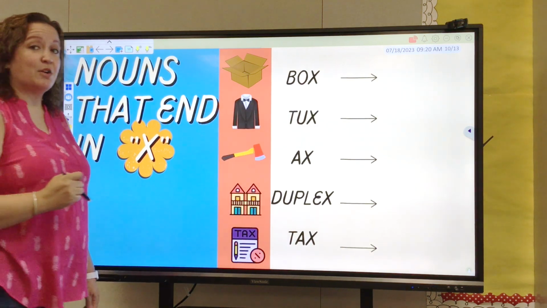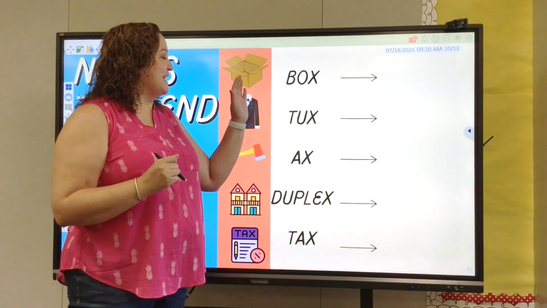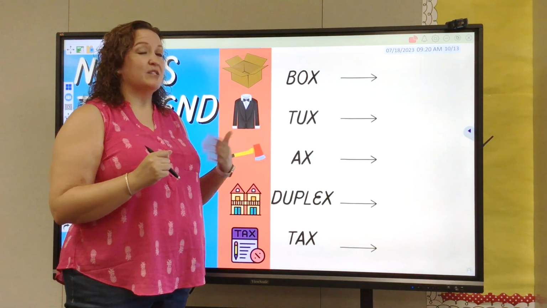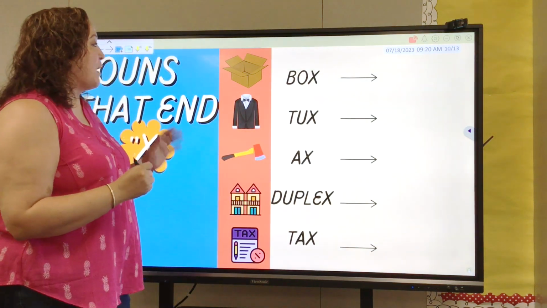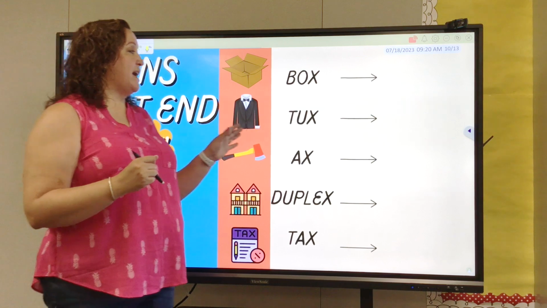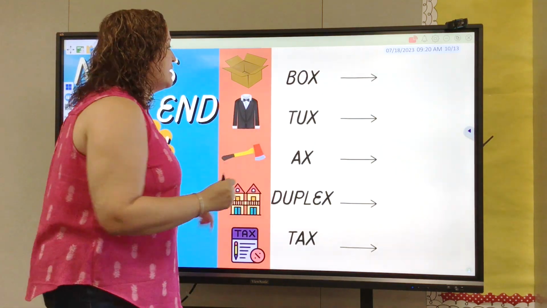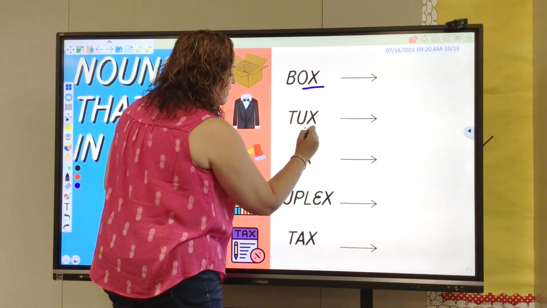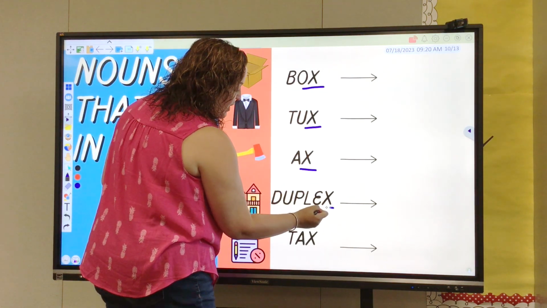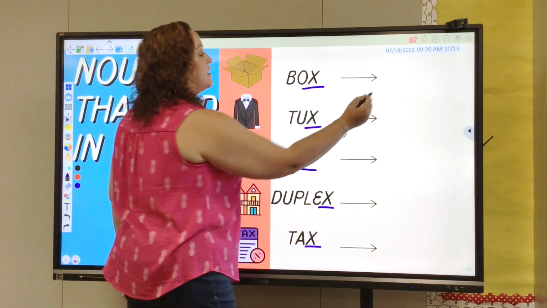The X. So believe it or not, the X, when we want to make it plural, we also add the ES. You've probably seen it in words. Now keep in mind, this is for the word tux, not tuxedos. That changes our rule. So if we have an X at the end of our noun, same thing, we're going to go ahead and add that ES.